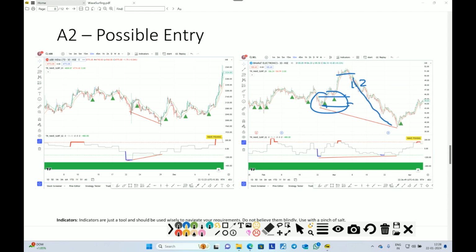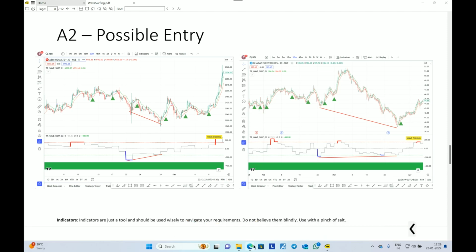Again, the market stretches back and then reverses. The price makes a lower low, the indicator makes a higher high, and then a perfect reversal. This is our A2 entry, and 1:3 or 1:2 is possible. With these examples, you would clearly understand that if A1 failed, typically A2 is possible. The only thing to remember for A2 is that the price makes a lower low and the indicator makes a higher high. That's all it is.